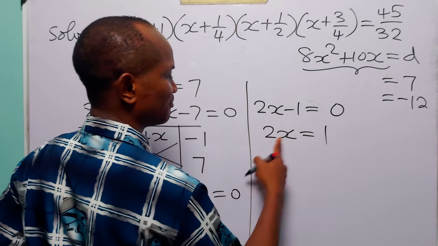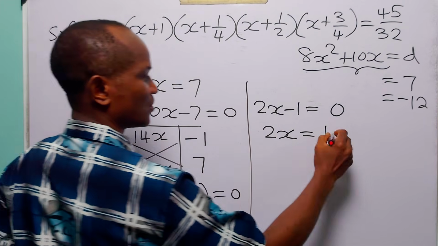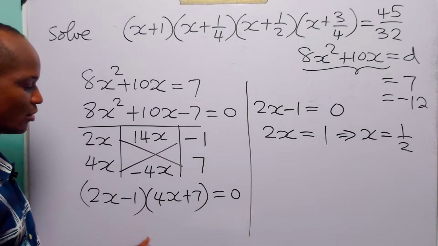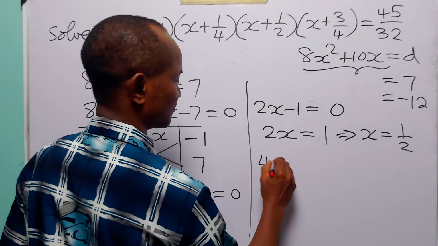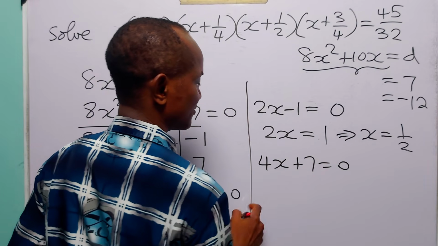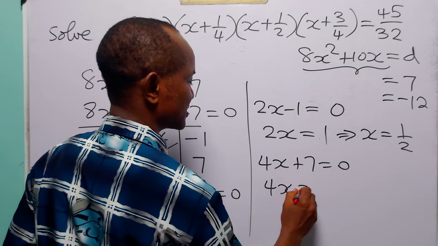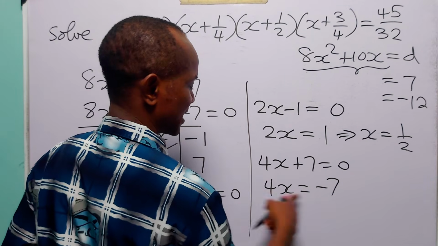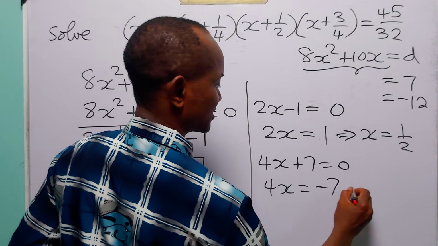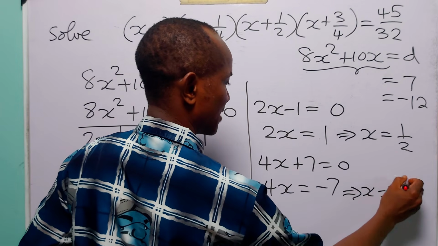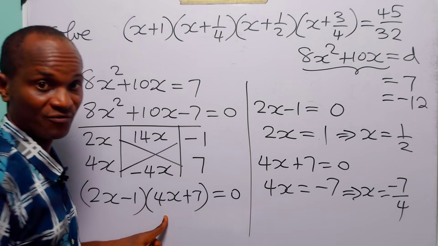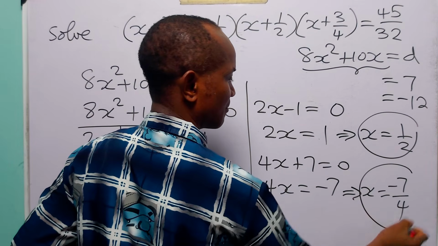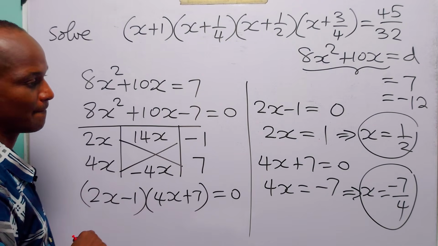And of course, dividing both sides by 2, we have that x is equal to half, or 4x plus 7 is equal to 0, from where 4x is equal to minus 7. And of course, dividing both sides by 4, we have that x is equal to minus 7 over 4. So we have two values for x, half and minus 7 over 4.